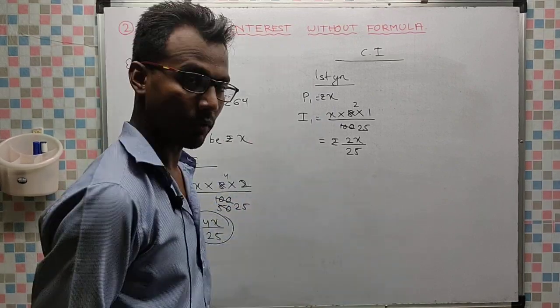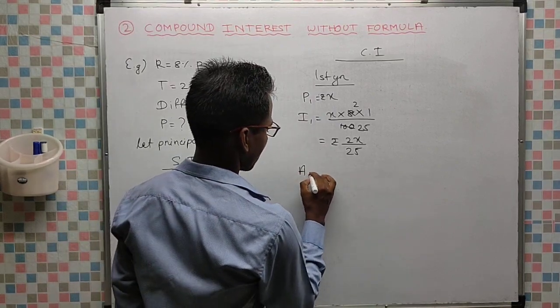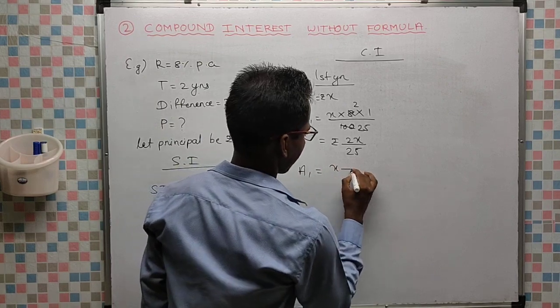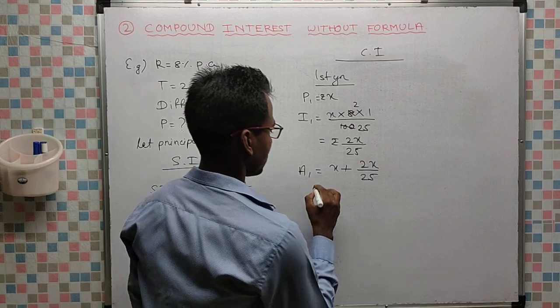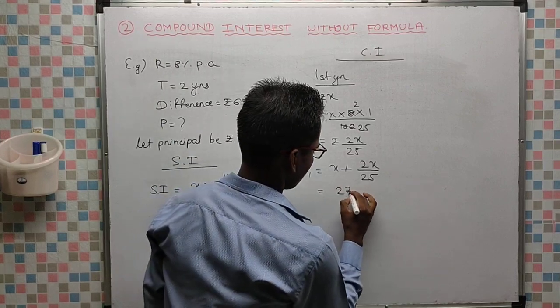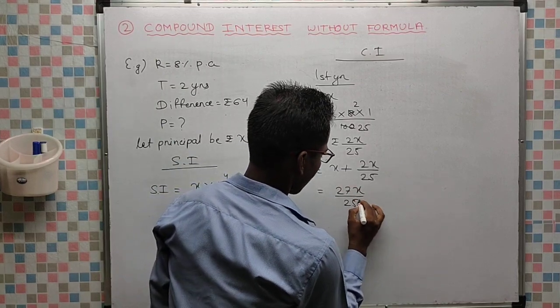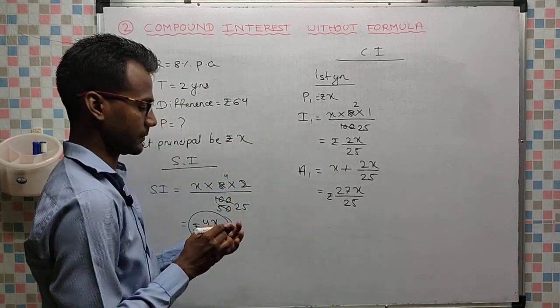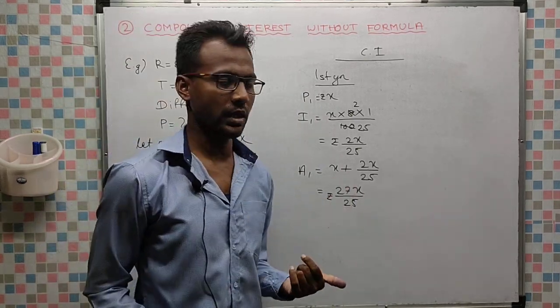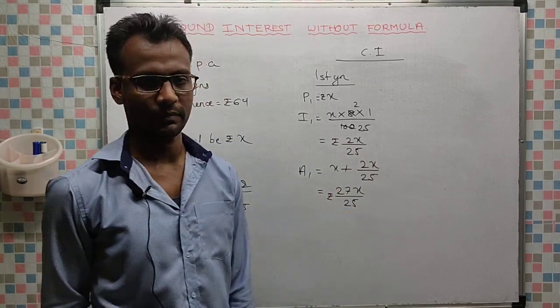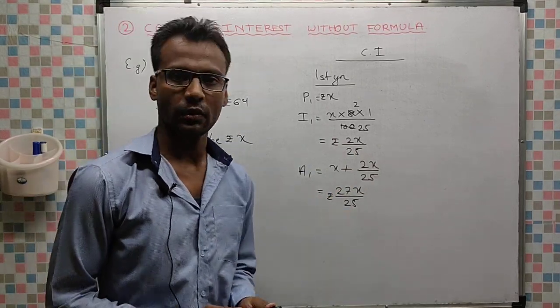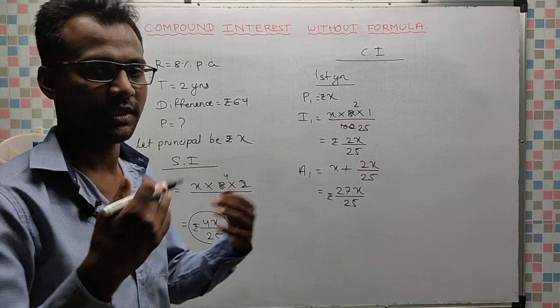So we have to calculate A1, which is x plus 2x by 25, principal plus interest. Taking LCM 25, this will be 25x plus 2x, which gives 27x by 25. So this is the amount at the end of the first year. Now you go for the second year.